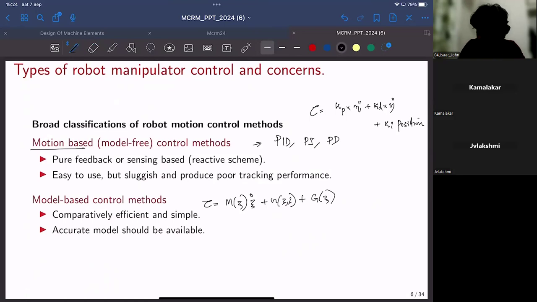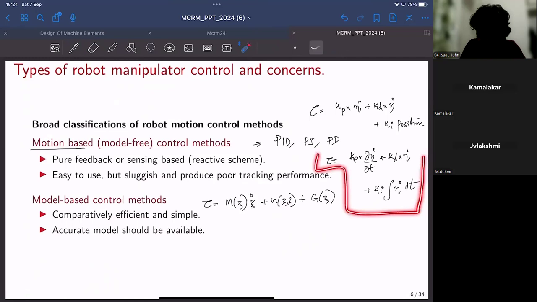Or in that well-known convention, Kp times eta, plus Kd times eta dot, plus Ki times the integral of eta dt. You could consider this to be your control law.